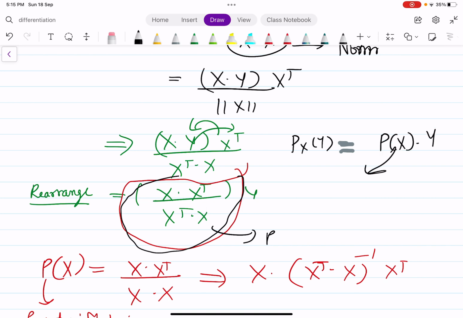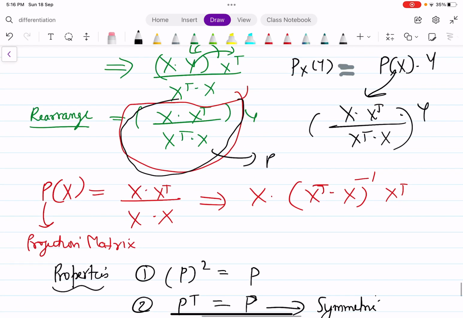The projection matrix of x contains all the terms we have here, x into x transpose by x transpose into x, and you multiply it by y, you simply get what we had earlier. So one way of getting the projection of a vector on another is through the normal formula. The second way is you first find the projection matrix and then multiply it with the vector y. You will get this result, right?